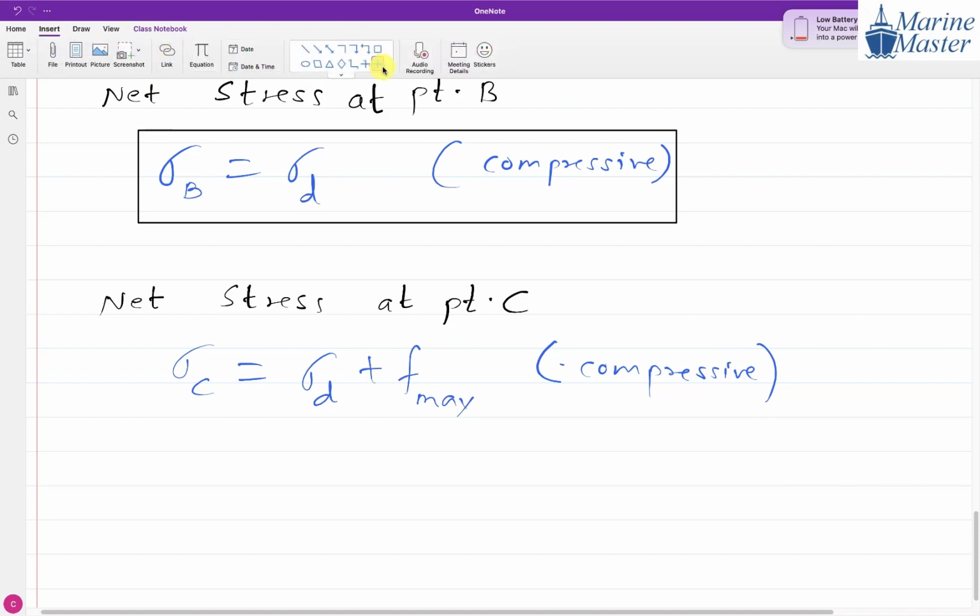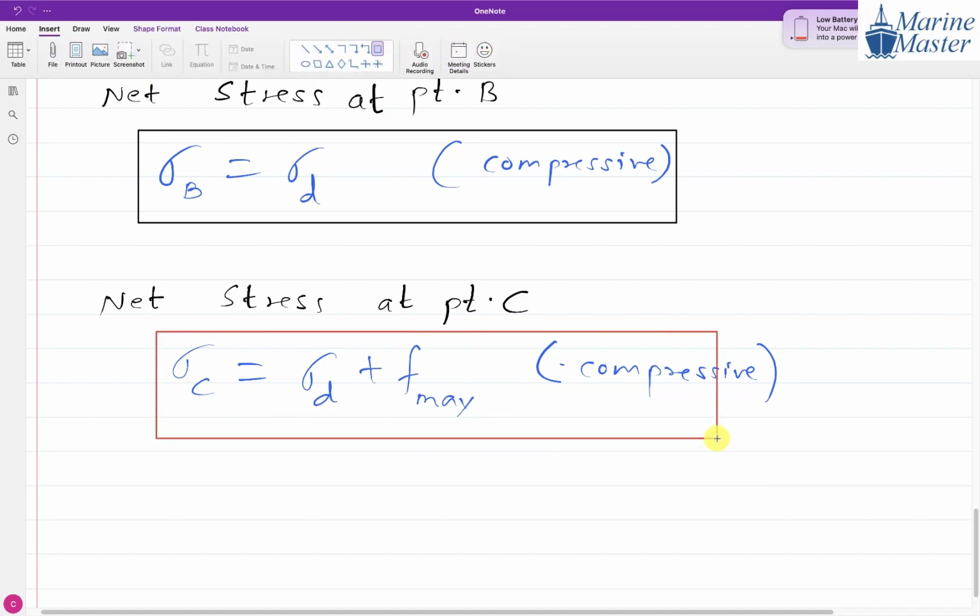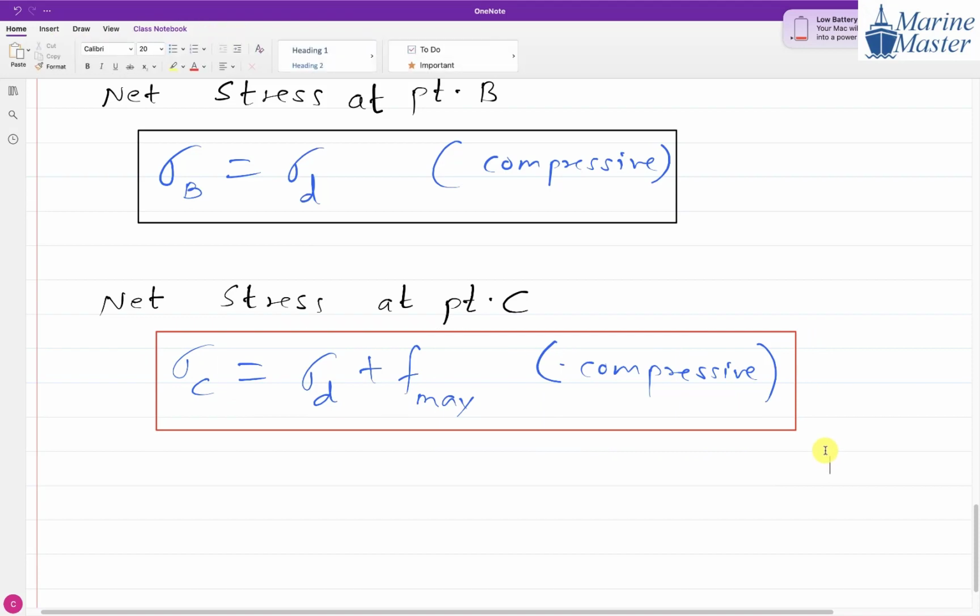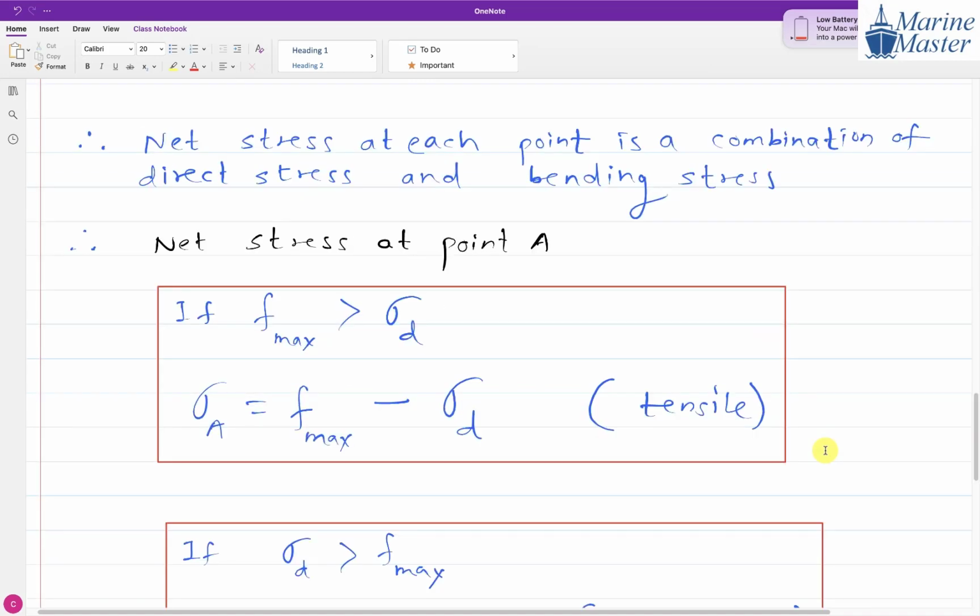So that's why from the beginning we are trying to understand the nature. If you want to add two stresses, their nature must be the same. If the natures are different, it is higher value minus lower value, and the nature will be the higher value's nature. Start writing down the discussion.